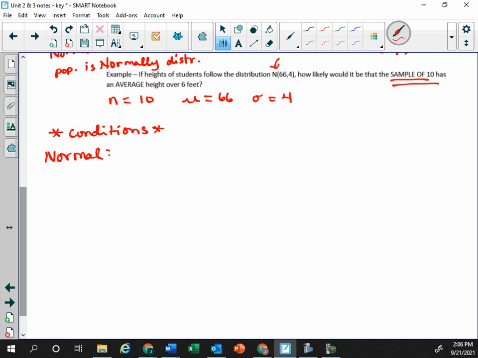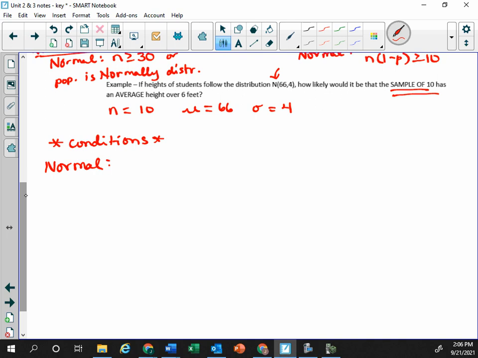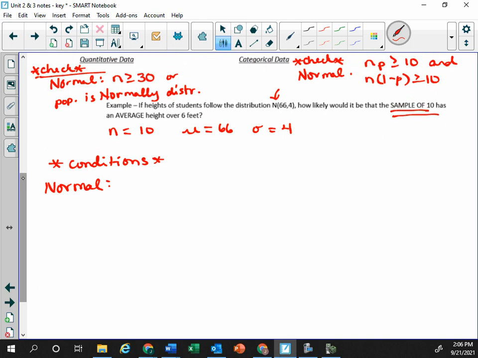That is one of the ways that you can say, hey, I'm checking my condition for normality, and it is normal. Is it one that checks also? So if the population is normally distributed, you don't have to also meet the n is greater than or equal to 30.